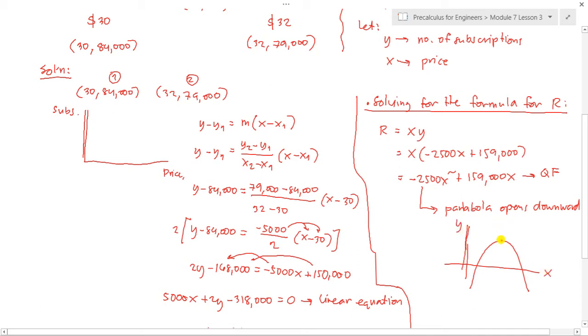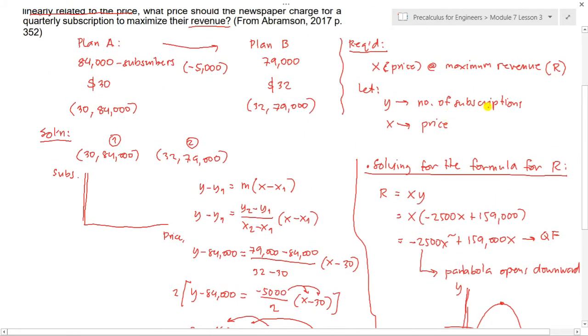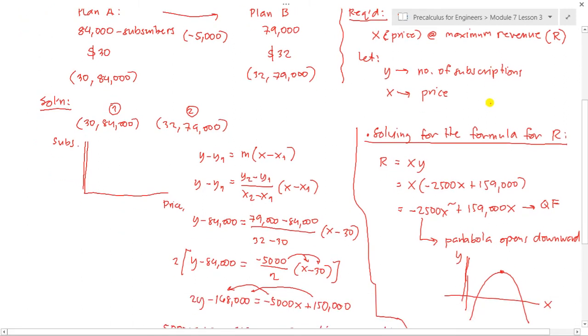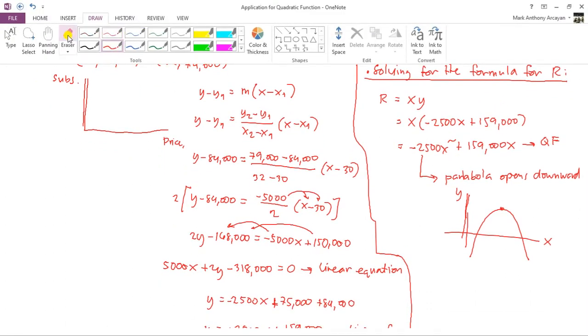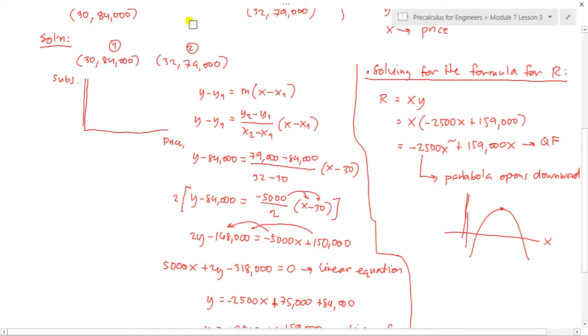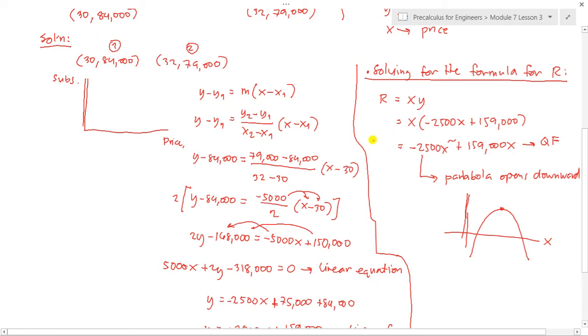At the tip of our quadratic function, that is our vertex, which is also the maximum value. Since our goal is to maximize the revenue, the variable on the y-axis here is not y anymore, that is R. The resulting quadratic function is a function R(x).